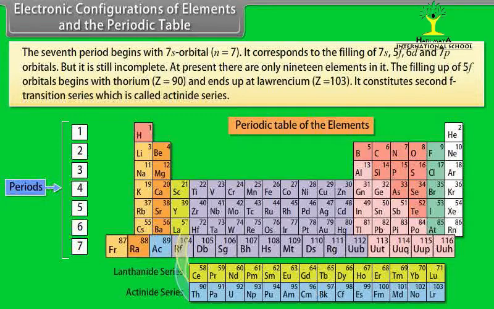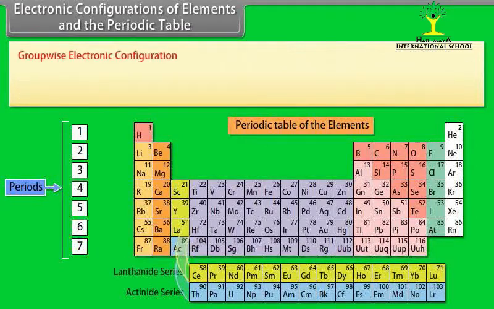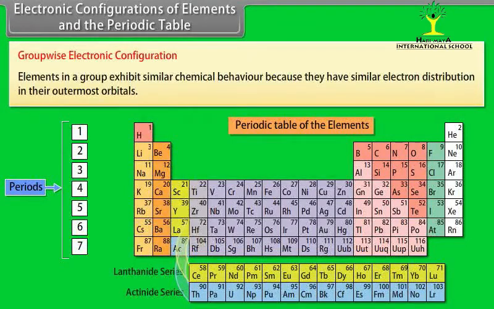The filling up of 5f orbitals begins with thorium, atomic number 90, and ends at lawrencium, atomic number 103. It constitutes the second f transition series, which is called the Actinide series. Group-wise electronic configuration: elements in a group exhibit similar chemical behavior because they have similar electron distribution in their outermost orbitals.